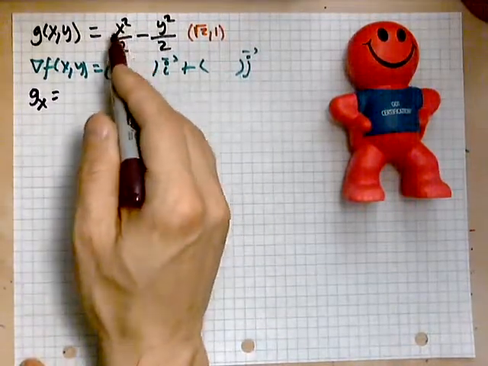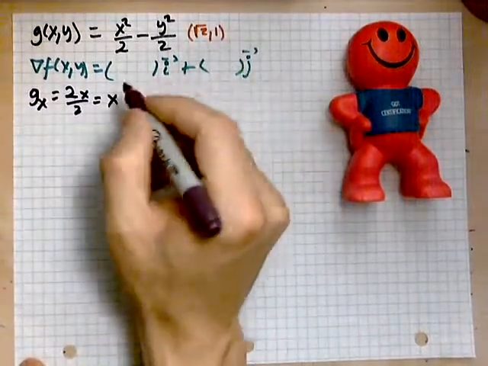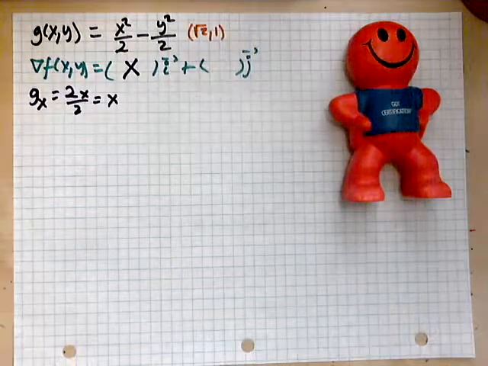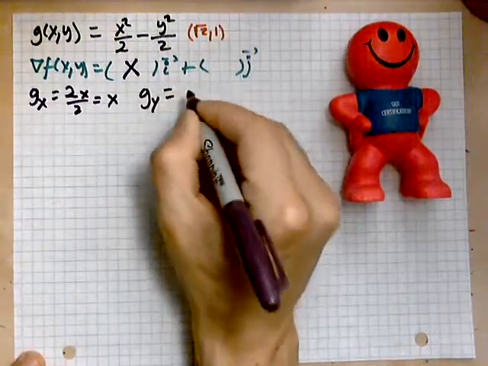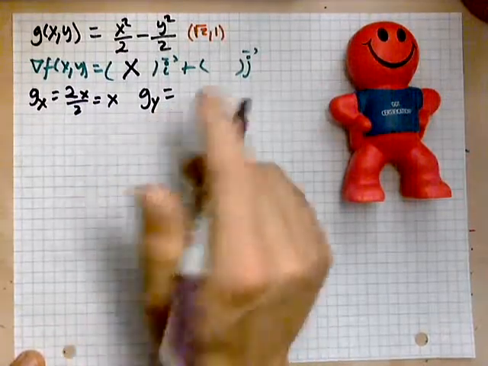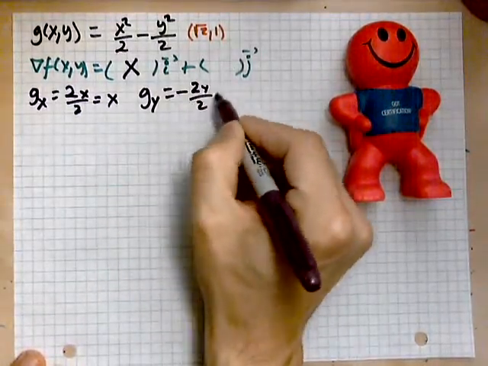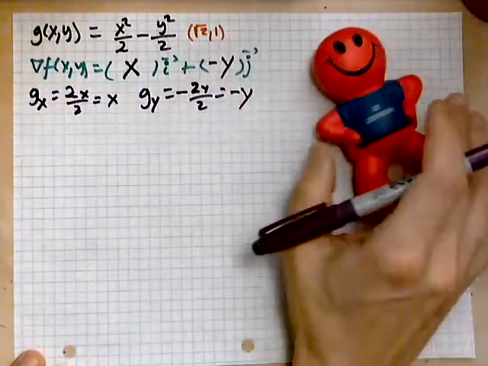You bring the 2 down, so you have 2x over 2, which is just x. That's the x component of the gradient. The y component of the gradient: differentiate negative y squared over 2, and you get negative 2y over 2, which equals negative y. That's the y component of the gradient.